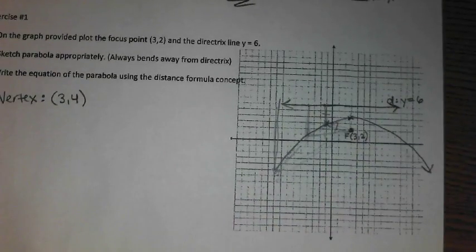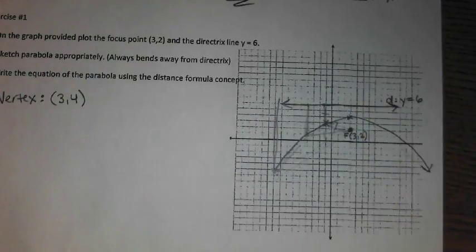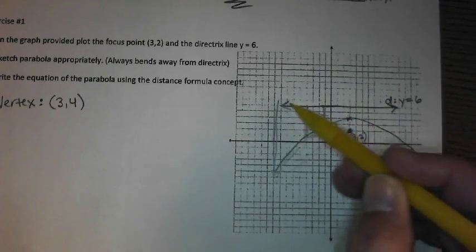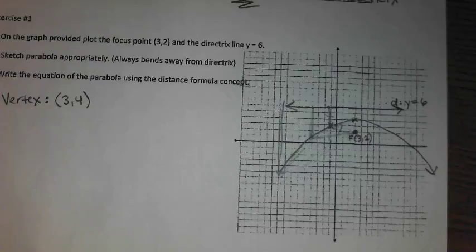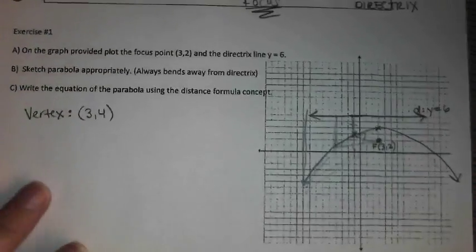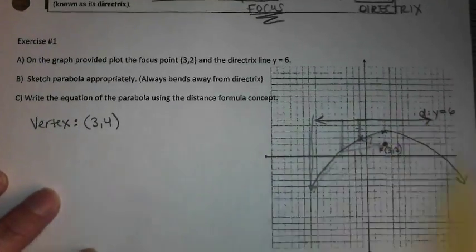Is this clear? Okay, because what we're going to be doing here shortly is writing the equation of a parabola based on the focus and the directrix, based on that fixed point, based on that fixed line. And you've really, up until this point, only written equations of lines, right? You've never been asked to write equations of parabola from my knowledge. So we're going to have to do that given the focus, given the directrix.